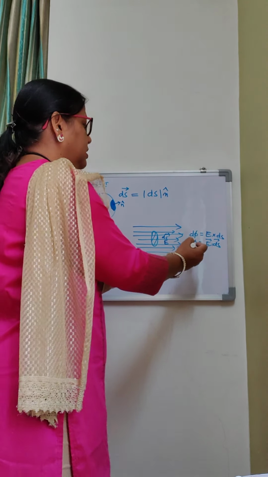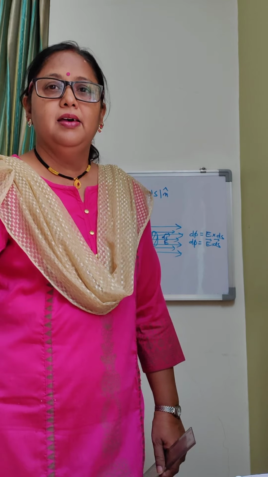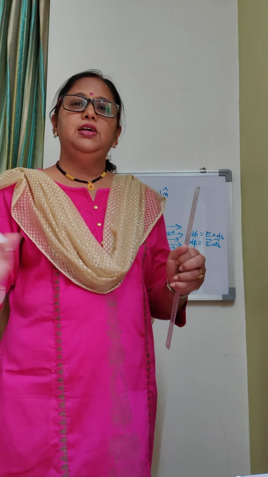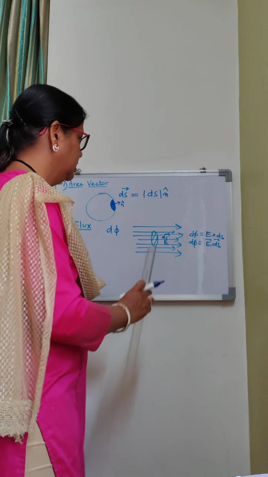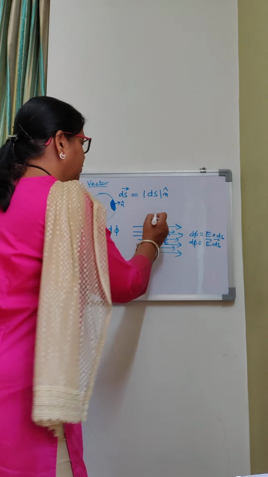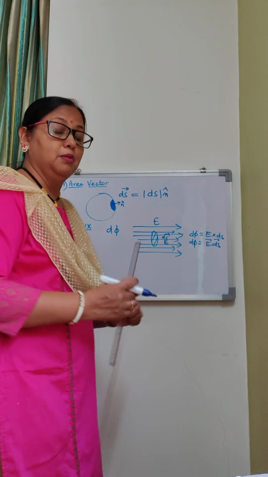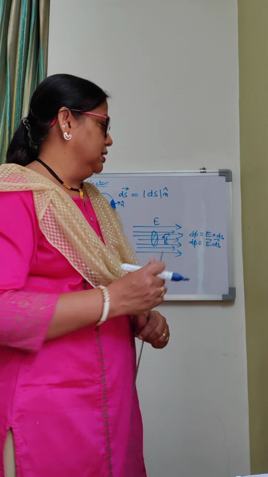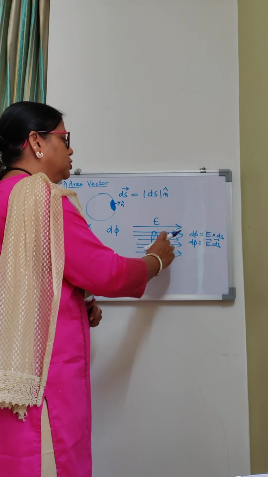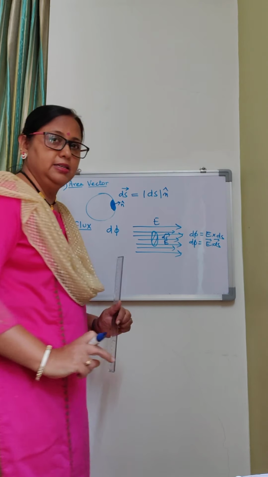So therefore electric flux in this case will be only E into ds. Okay, so when the electric field lines are passing through the area perpendicular, you can see there the area is perpendicular to the electric field lines. So in that case the flux passing through this is the number of lines of force passing through this. That is defined as electric flux. The number of lines passing through this is found by the formula d phi is equal to E dot ds.